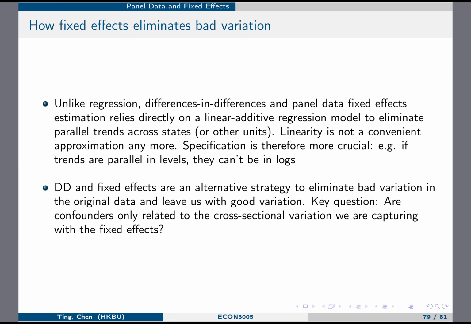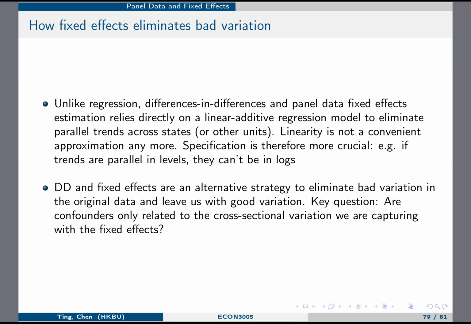So the DDs and fixed effect models are alternative strategies to eliminate bad variation in the original data and leave us with good variation. The key question now is, are the confounders only related to the cross-sectional variation that we are capturing with the fixed effect?